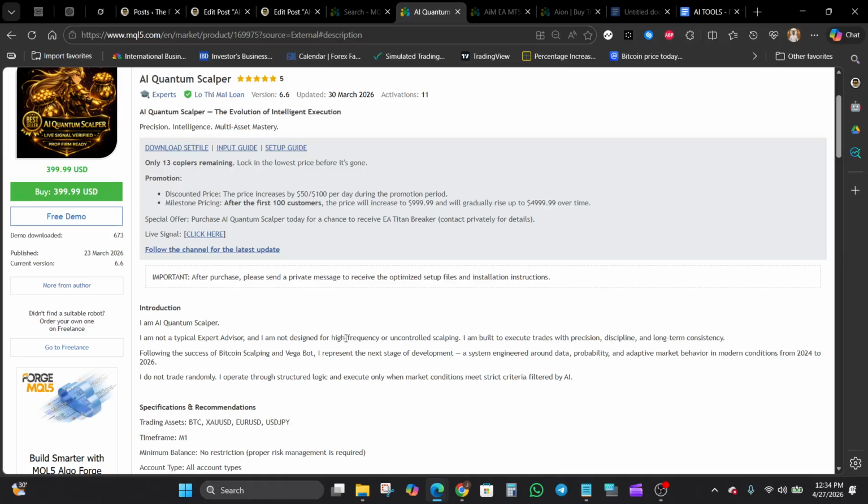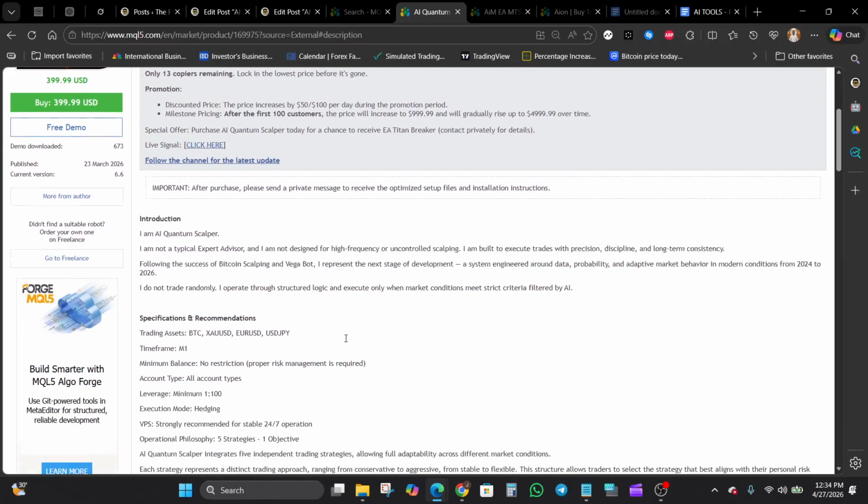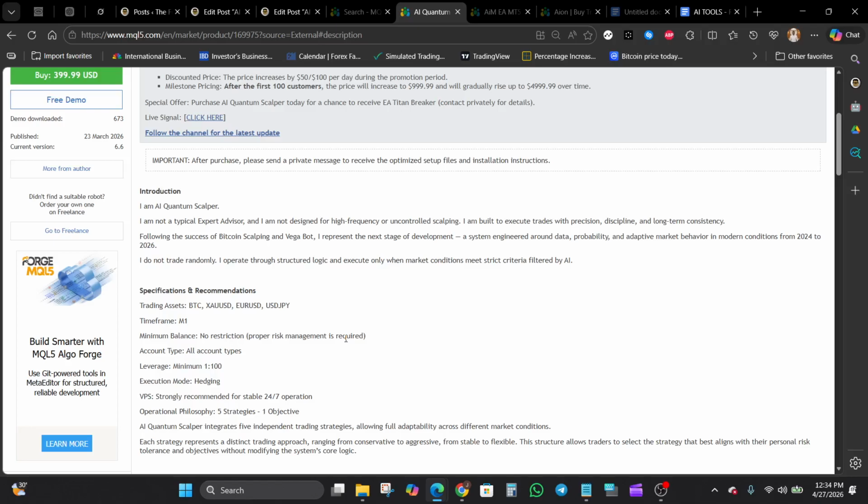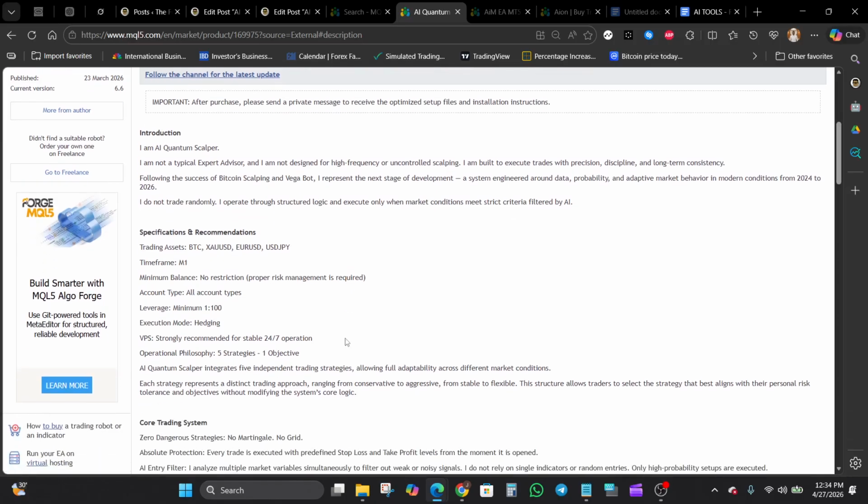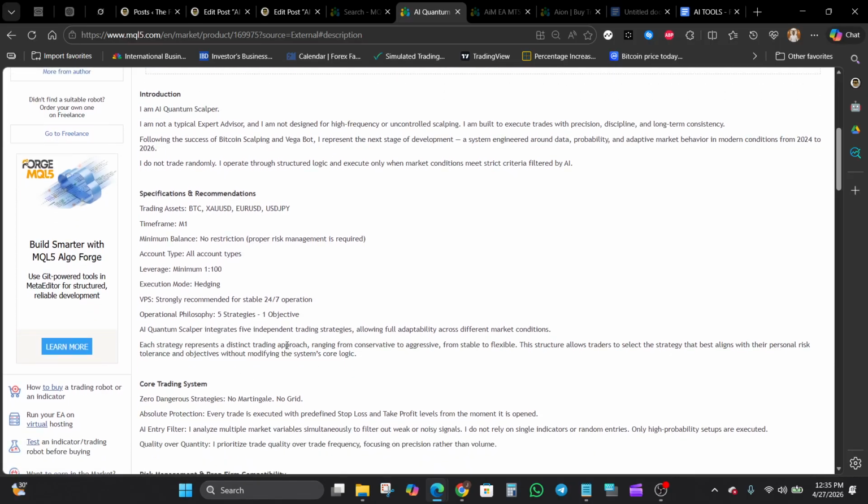So, what I like here is that each strategy represents a different trading behavior. Some more conservative, others more aggressive, right? We can see that's stated here, right? Each strategy represents a distinct trading approach ranging from conservative to aggressive, from stable to flexible, right? So the EA is essentially adjusting its personality depending on volatility and structure.